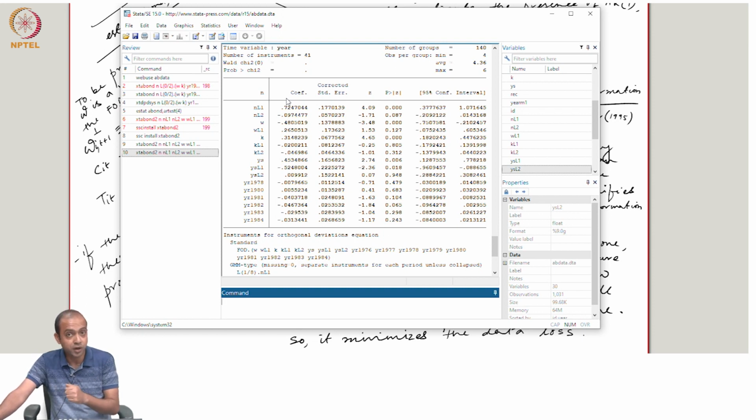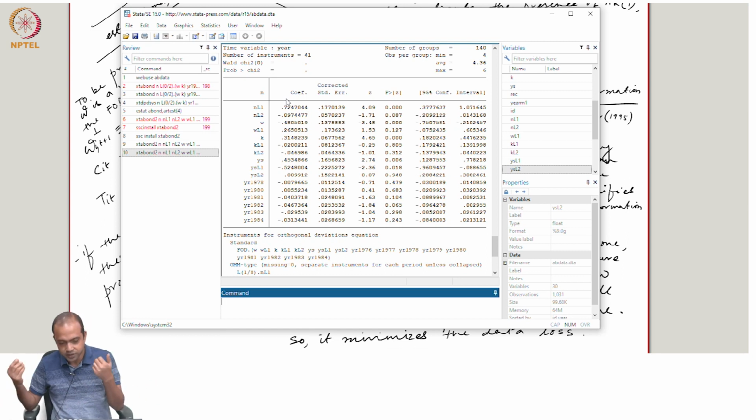This is very important when you are working with an unbalanced panel, and in reality it is quite likely that many a time you may have to work with an unbalanced panel. You should not expect that when you are working with a micro panel with several households, several individuals, several firms, each of these firms will be available for each of the periods.